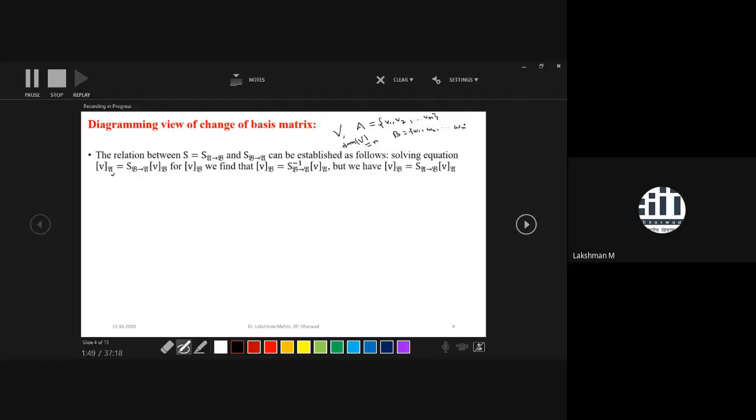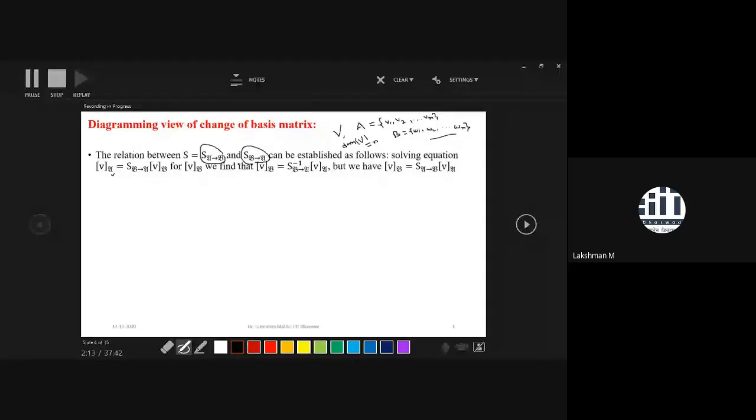So we had two bases for a given linear space. First we are talking about the change of basis from basis A to B. So this is the matrix of change of basis from basis A to B, and the second matrix is the change of basis matrix from B to A.